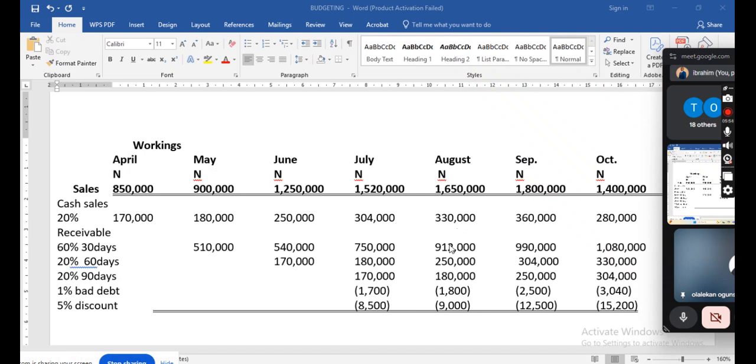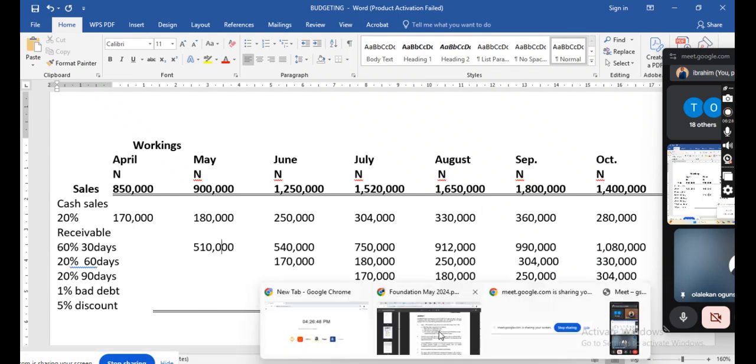Then 60% of 1,520,000 should be 912. 60%, 60%, 60%, okay. 60% of 1,650,000 is 99, and 60% of this is this. Okay. Now I understand. Now, interesting.